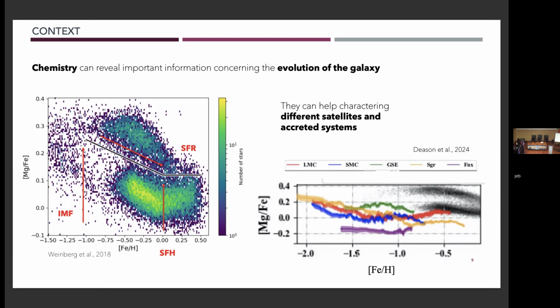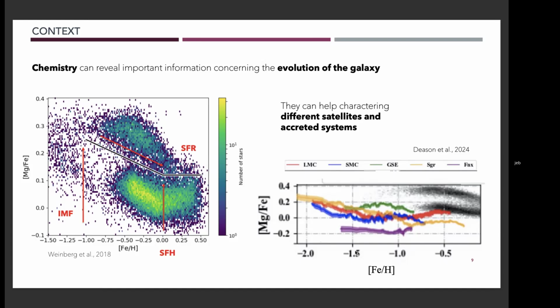This is a plot that was done for the Milky Way, but we can do the same for the satellites or for other dwarf systems. And we can see the same ratio tracing different star formation histories, because here there's the Milky Way, and here are all the more massive dwarf systems, and we can see how this ratio varies from one system to the other.